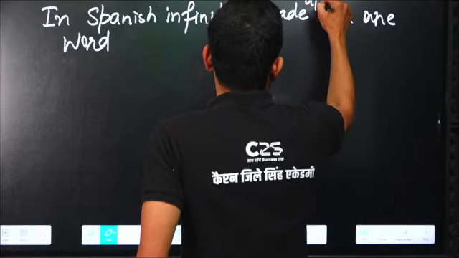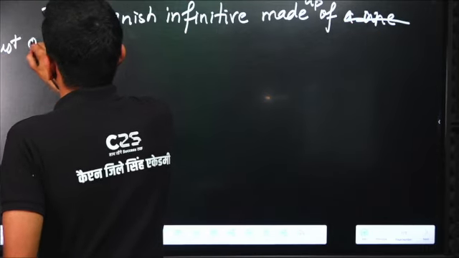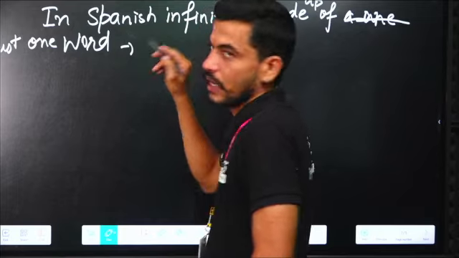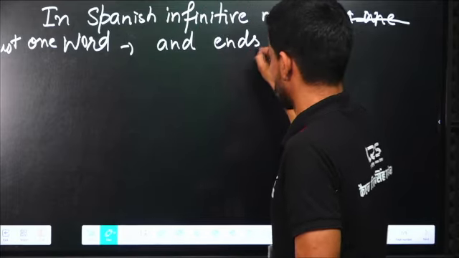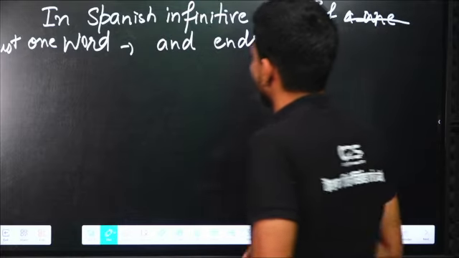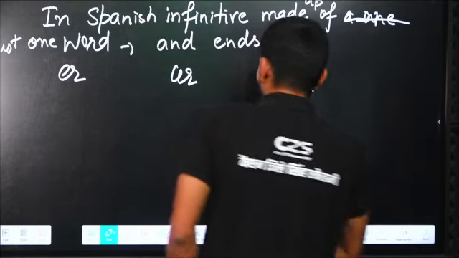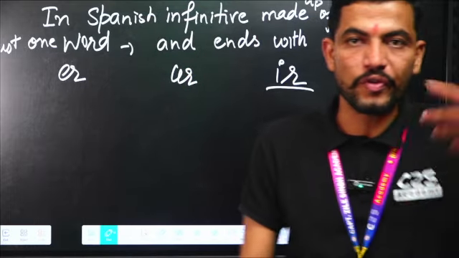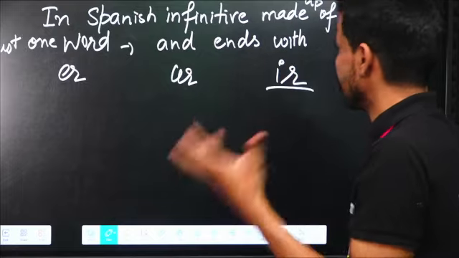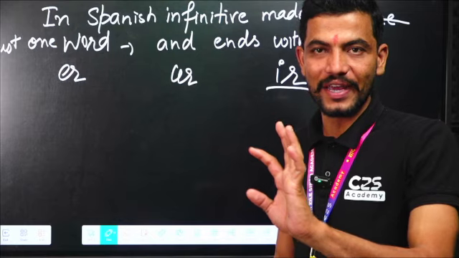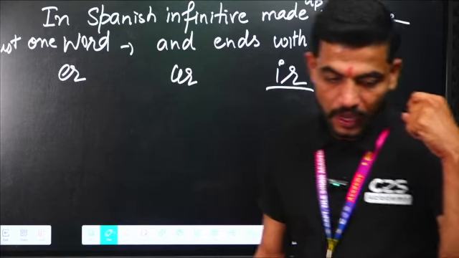Made up of just one word. For example, it ends with ER, AR or IR. So how will you identify? In Spanish, infinitive is made up of just one word and ends with AR, ER or IR.